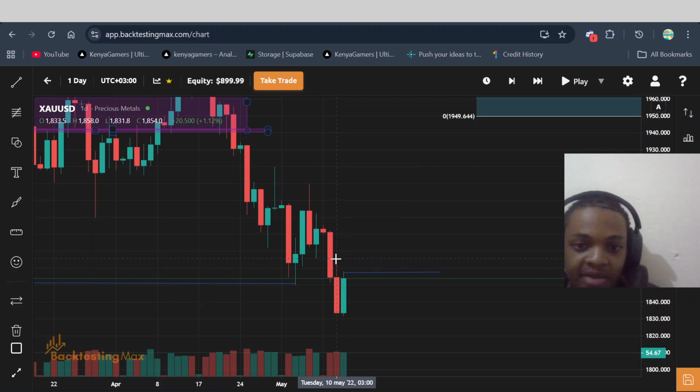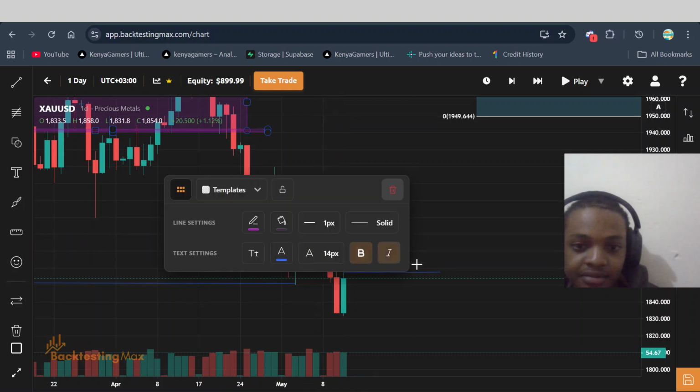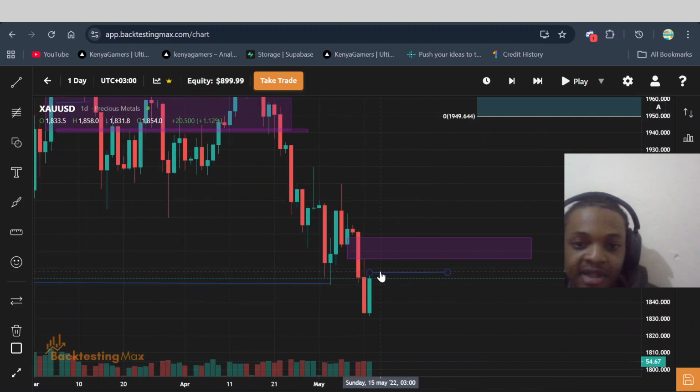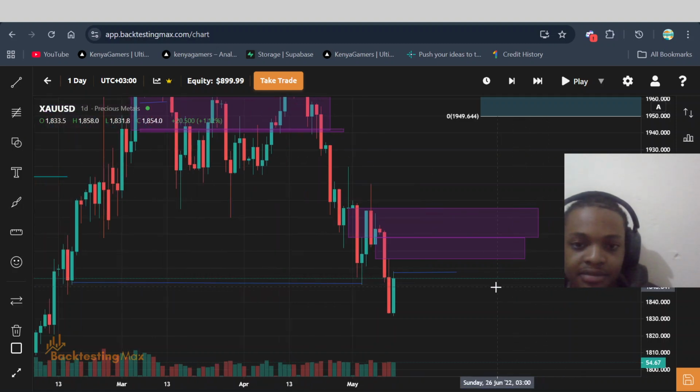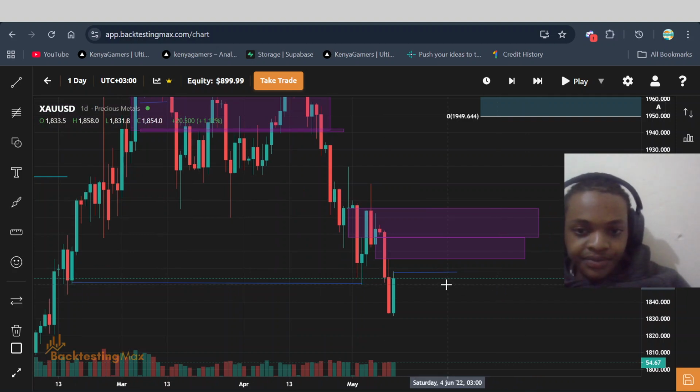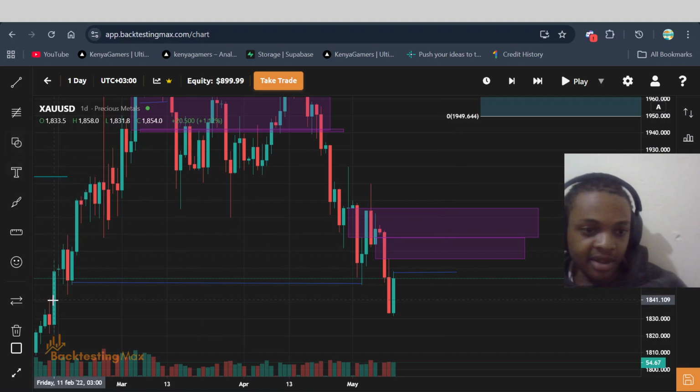I see a fair value gap here. So I'm guessing this next trend is just going to come, probably touch here, then continue lower. I also have another fair value gap here. Okay, yeah, actually, I do believe that the trend is... We also have a fair value gap here.